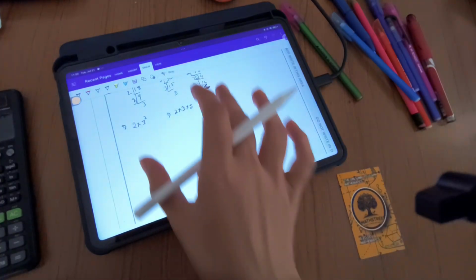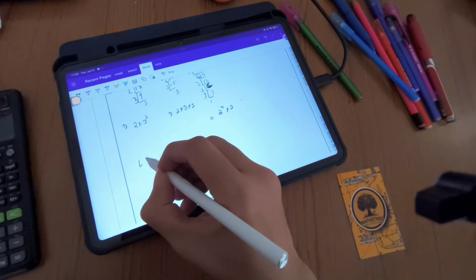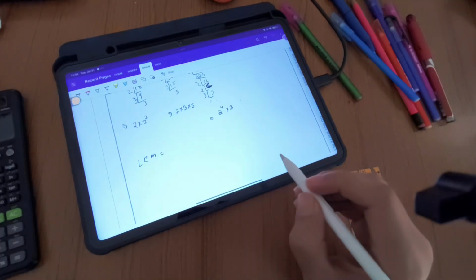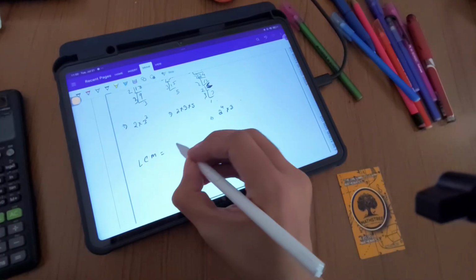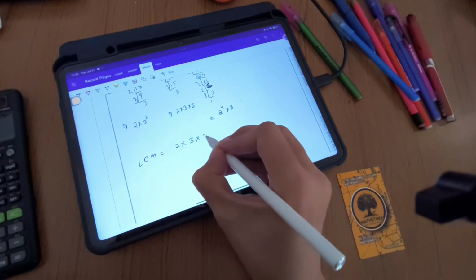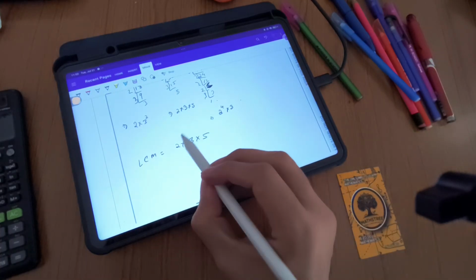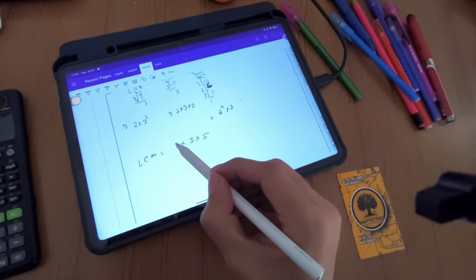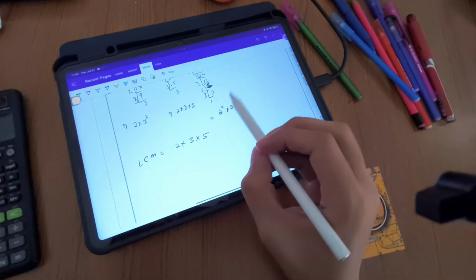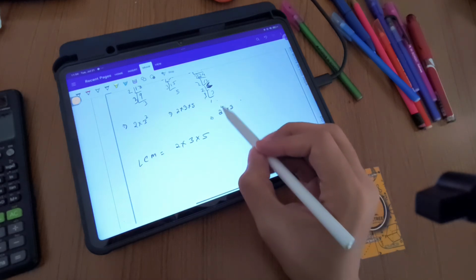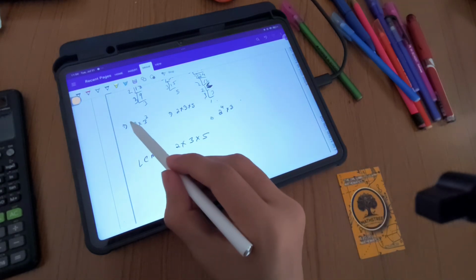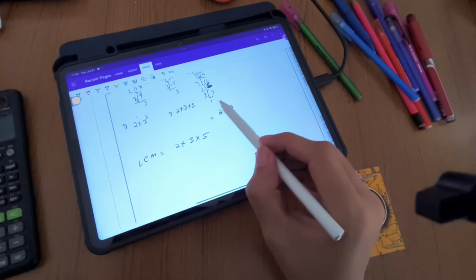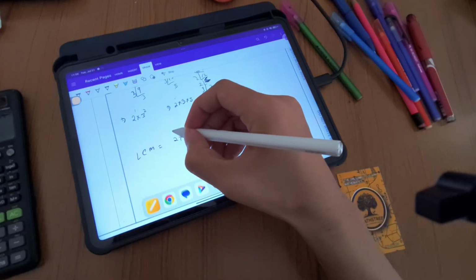Understand this: when it is asking us to find the LCM, we include each and every single digit here, which is 2, 3 and 5. Then our next step is to find which digit has the highest power. As you can see, it is 2 to the power 1, 2 to the power 1, and 2 to the power 4. So we bring down 2 to the power 4.